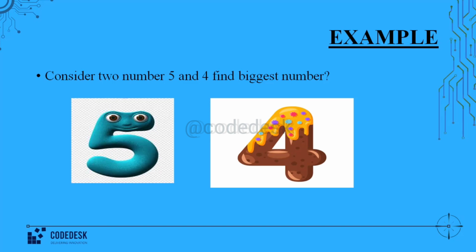I have taken two numbers, 5 and 4. We need to find the biggest number among these two numbers. Either it may be the 5 or it may be the 4. From seeing the picture itself, you can say which one is the biggest. The 5 is the biggest one. How are we saying the 5 is the biggest?